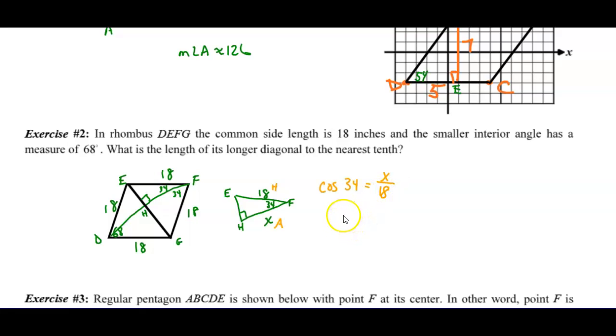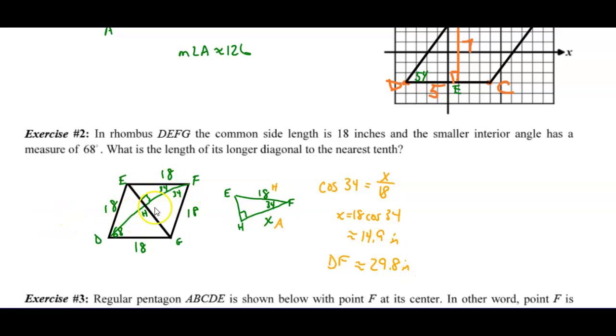So that's pretty easy. That X is going to be 18 times cosine 34, which is approximately 14.9 inches, which means that my DF segment, which is 2 of those, is going to be approximately 29.8 inches.